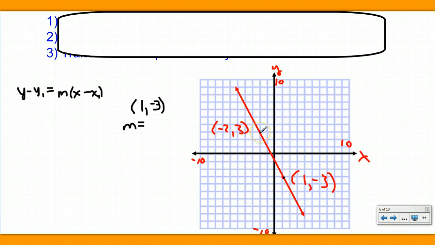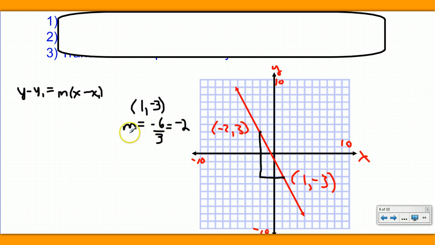So if we're going from -2, 3 to 1, -3, we're going to have to go down how many? It looks like we're going to go down 6, right? -6. And we're going to walk 1, 2, 3. So the slope is down 6, and the run is 3. When we reduce our slope, we end up with a slope of -2.